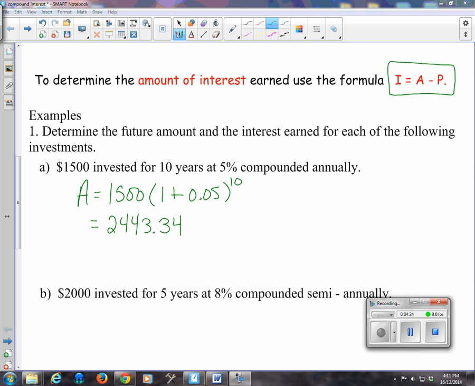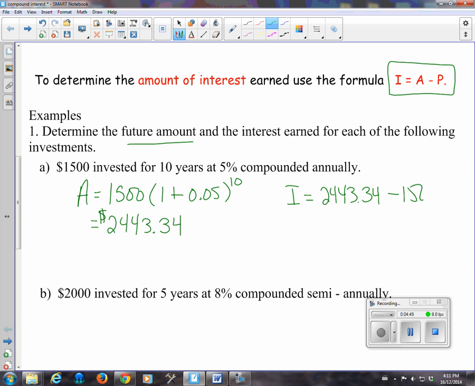Okay, so we have calculated the amount we started with, the principal plus the interest. So that's the future amount, $2,443.34. The interest earned, however, to get the interest, you have to take that amount and subtract the principal.